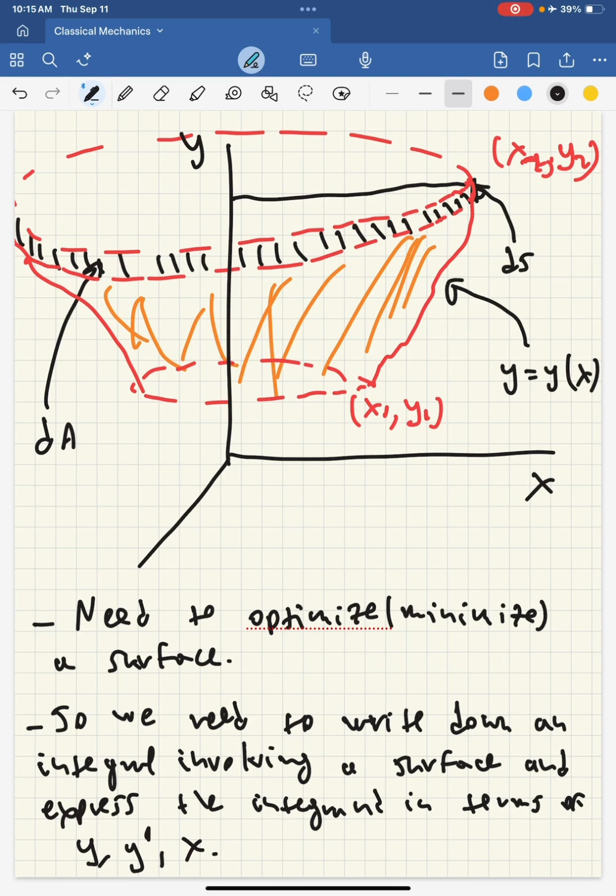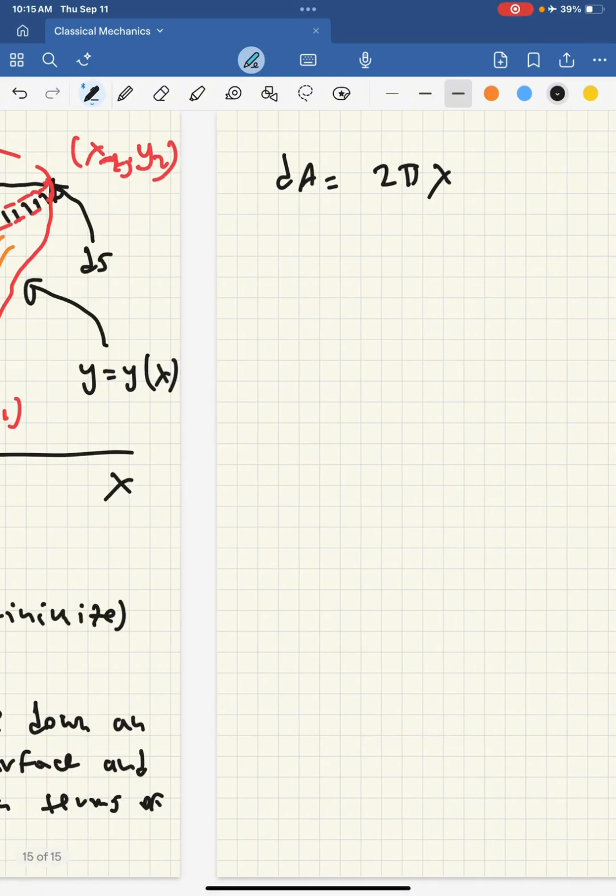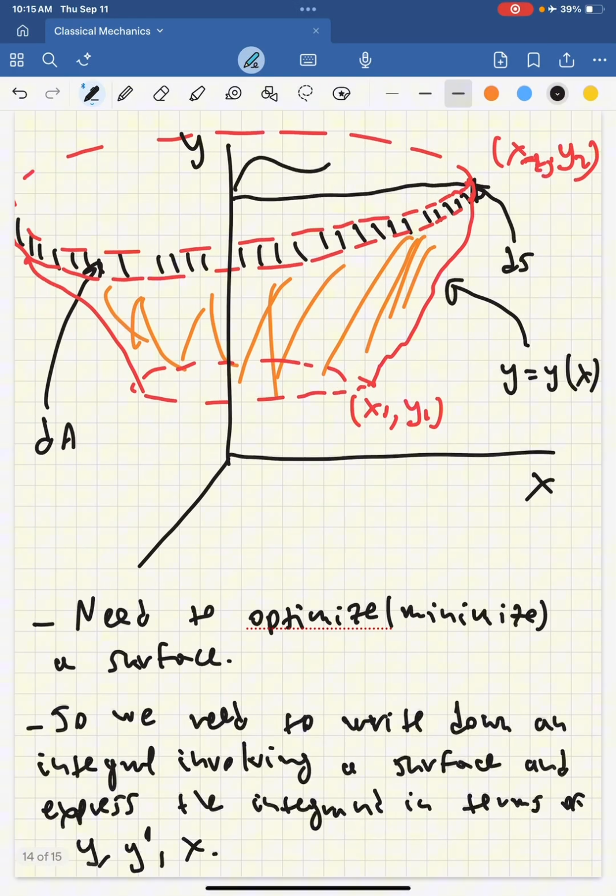So what I'm trying to say is that if the infinitesimally small piece of that strip has an area of dA, then that dA is going to involve 2 pi x, because this radius over there is x, right? So if I unroll that strip, I'm going to get something that is going to look like a rectangle.